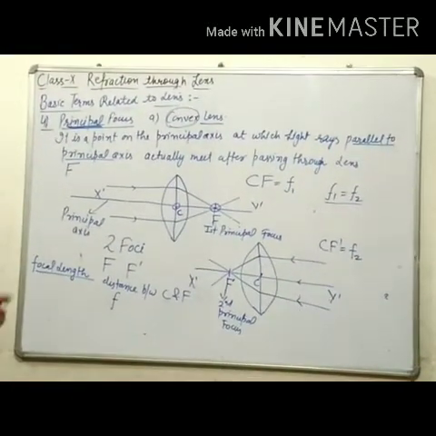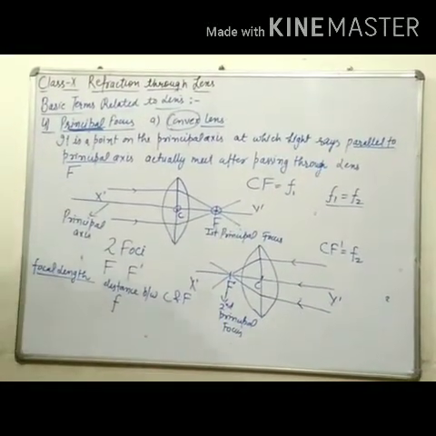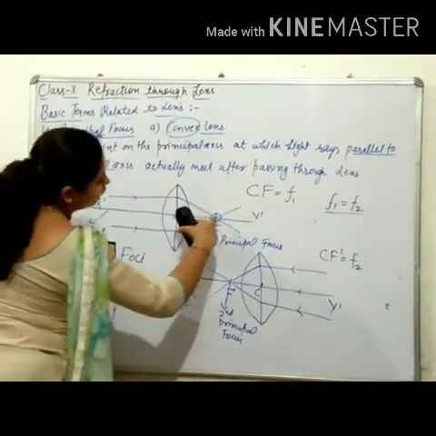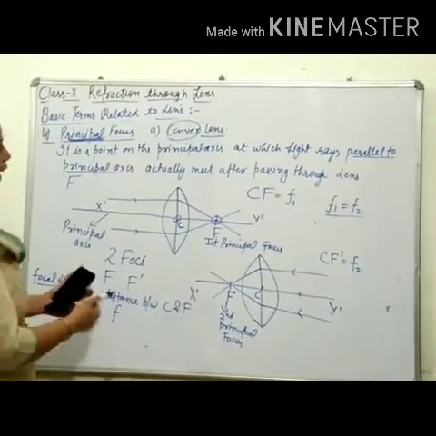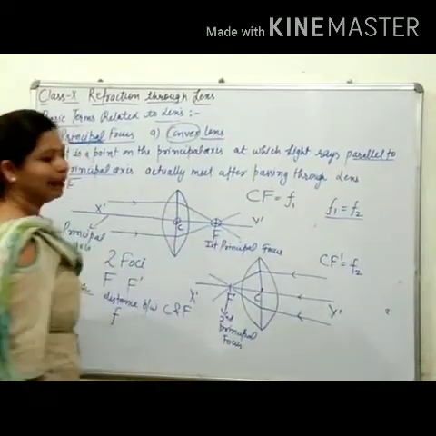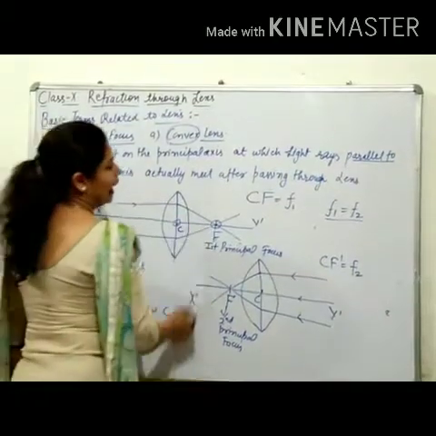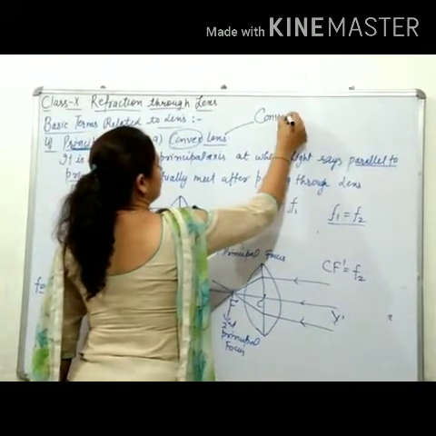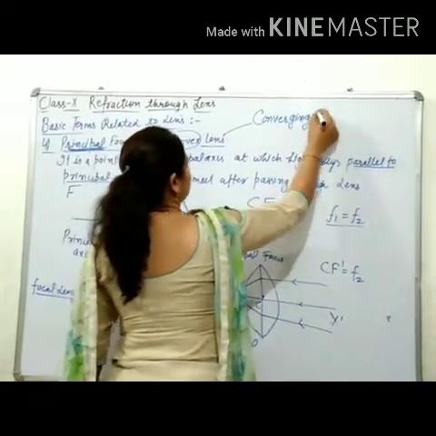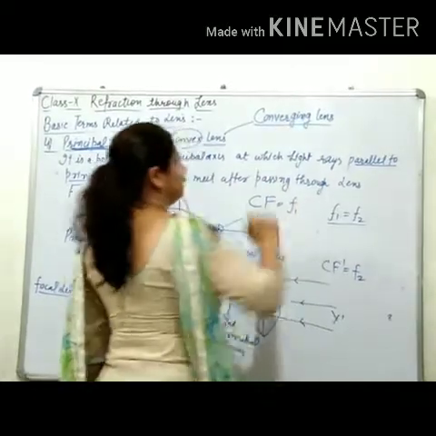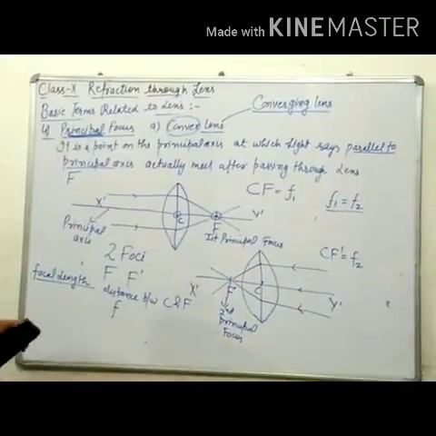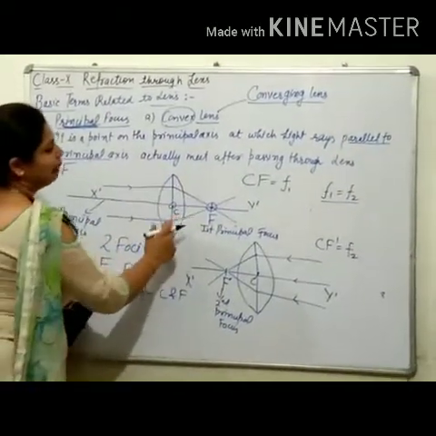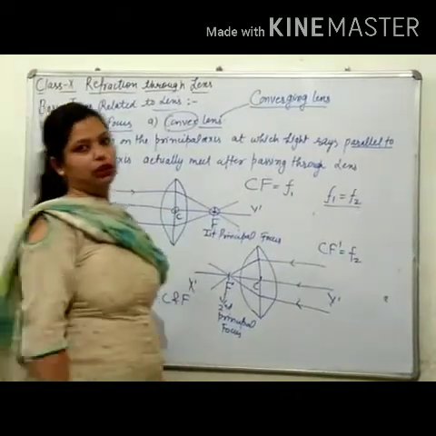Now, since all the rays passing parallel to the principal axis actually converge, actually meet at a point F, that's why a convex lens is known as a converging lens. The rays which were parallel to the principal axis meet at a point, get converged.